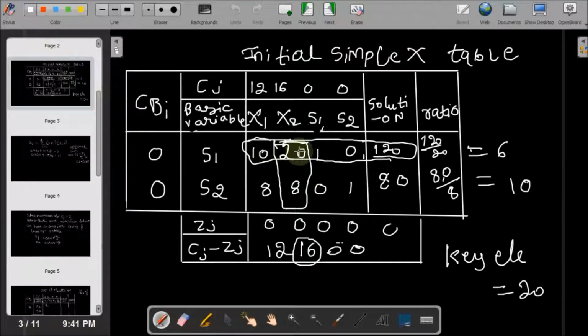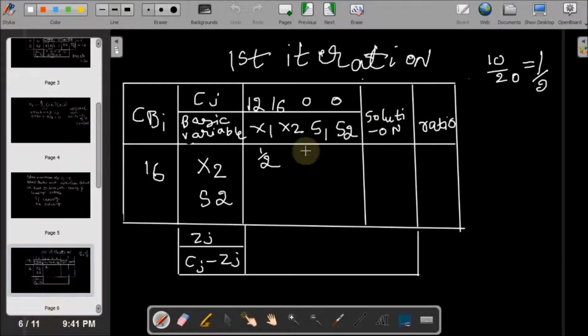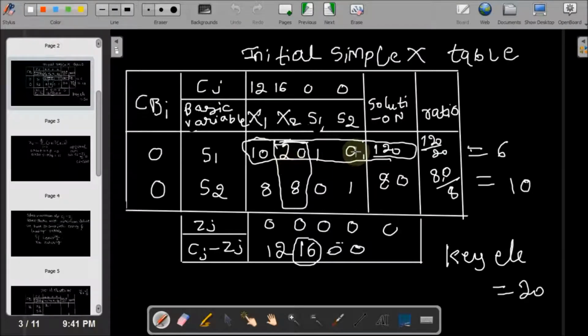In the same way, you have to find the second value. This is the second element, 20. 20 by 20, because the key element is 20 only. So 20 by 20 will be 1. If you are not understanding, please post your doubt in the comment section. What is the S1 value? 1.